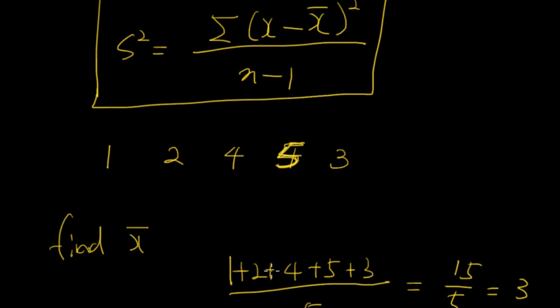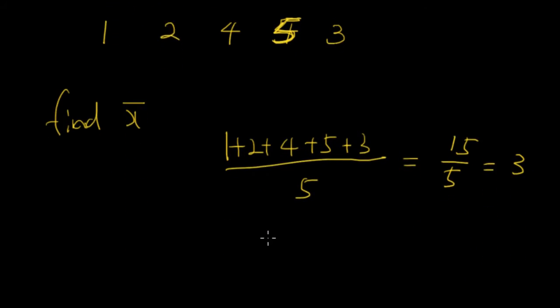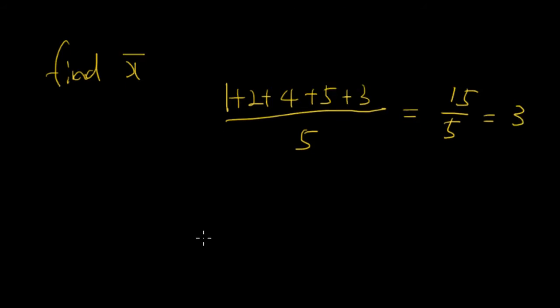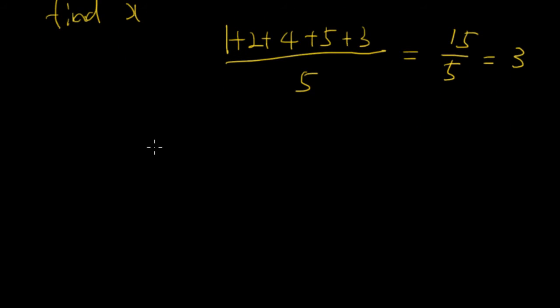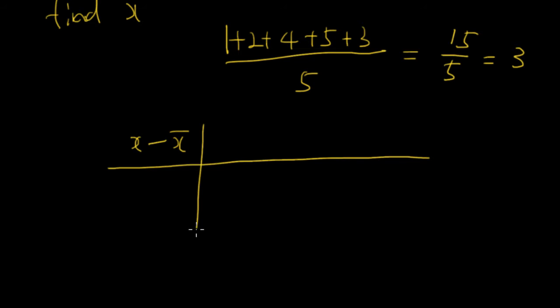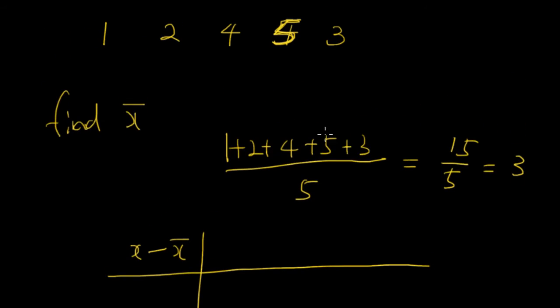Okay, so now that we know this is 3, I need to figure out x minus x bar. Let's make a table, column. So, these are our original data.